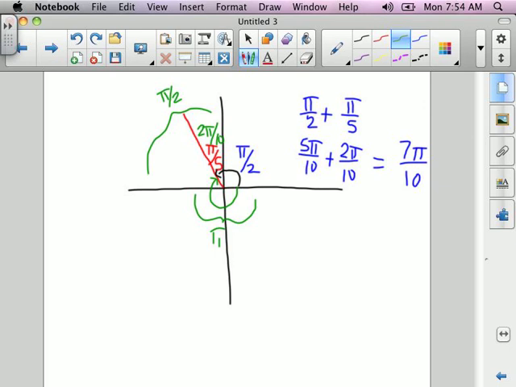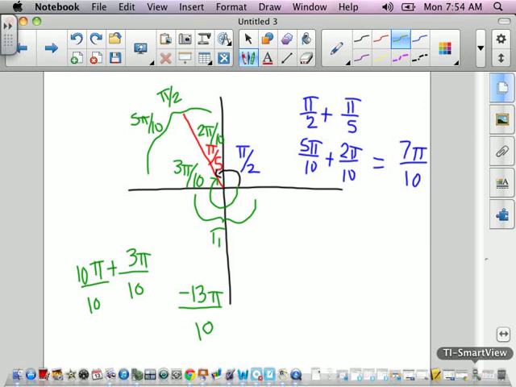And this whole thing is going to be a 5 pi over 10 then. So this guy right here, I'm kind of going through the math kind of fast at this point, is 3 pi over 10. So really what I have to do is pi plus 3 pi over 10. And if I get my common denominator in doing this, that angle is going to be negative, because I'm going in the clockwise direction, negative 13 pi over 10. And that's how you can try to kind of take the same process and apply it to problems.